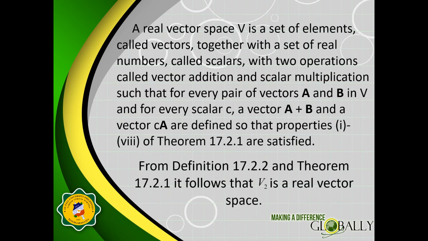A real vector space V is a set of elements called vectors together with a set of real numbers called scalars, with two operations called vector addition and scalar multiplication, so that for every pair of vectors A and B in V, and for every scalar C, a vector A plus B and a vector CA are defined so that properties 1 to 8 of theorem 17.21 are satisfied.